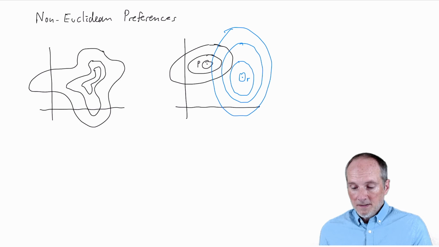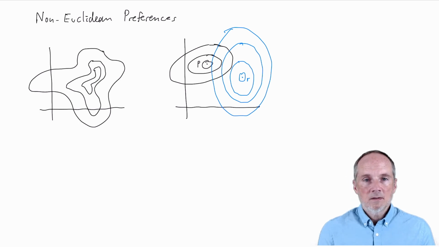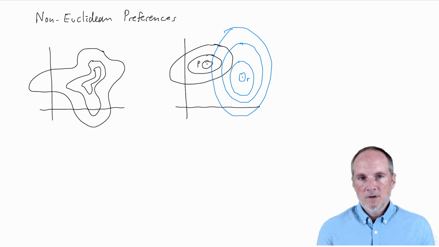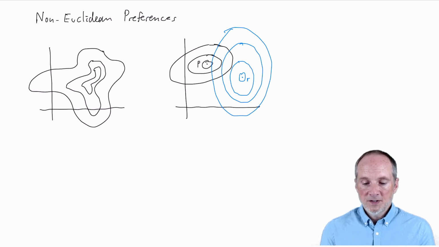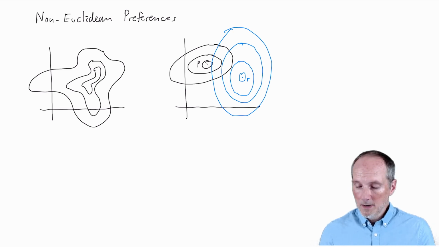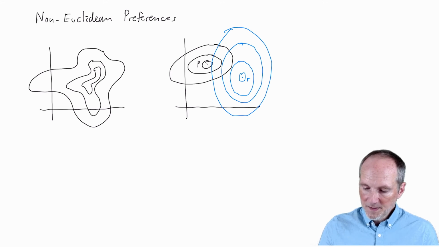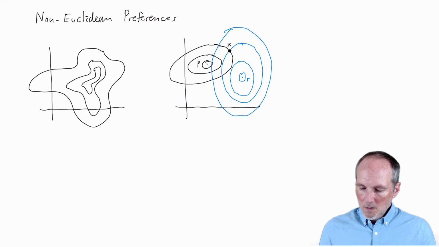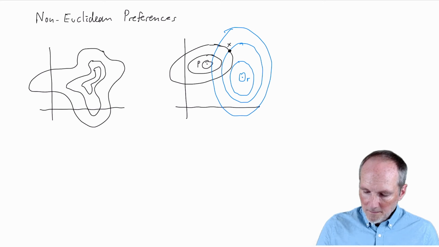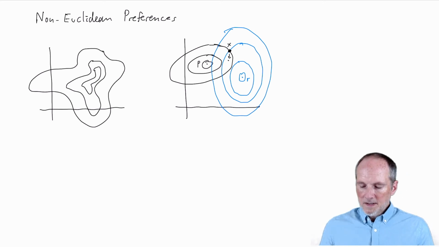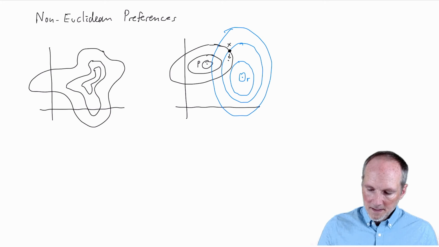In particular, we can talk about Pareto optimality in this model. The definition of Pareto optimality is the same as it was. We say a policy X is Pareto optimal if there's no way to change it that makes one person better off without hurting the other. So, for example, this X here is not going to be Pareto optimal because we can find a policy inside the indifference curve for each guy.